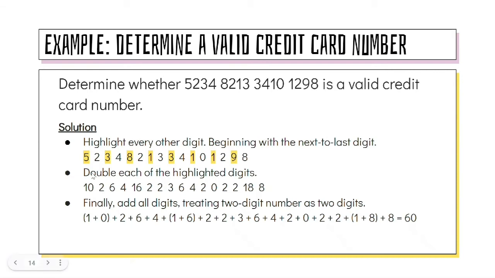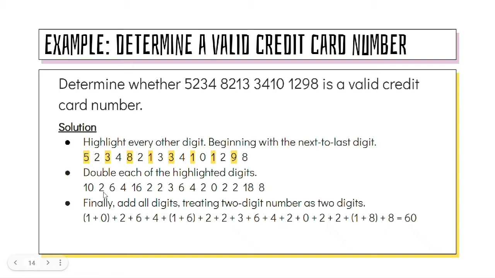So next, we need to double each of the highlighted digits. So starting here, 5. Notice, class, that highlighting started from here, but in doubling we will start here. 5 times 2, so double, 10. 3 times 2, 6.